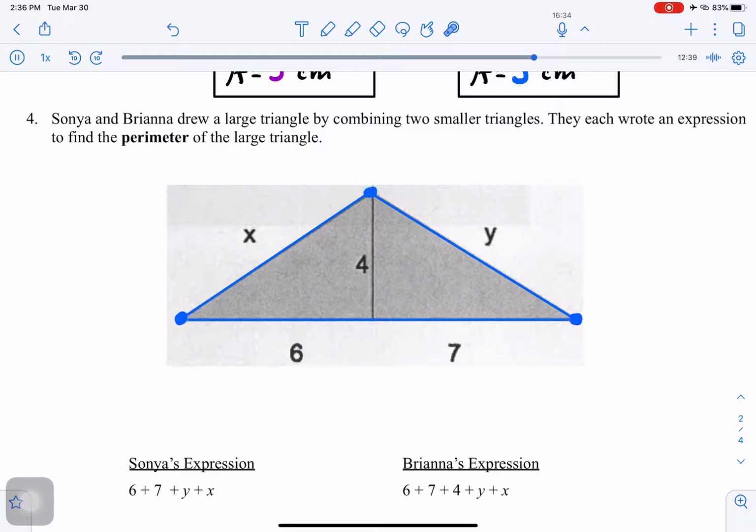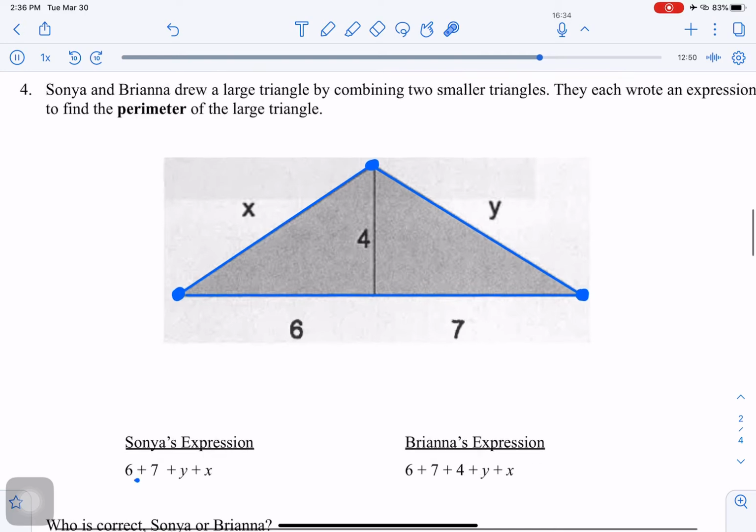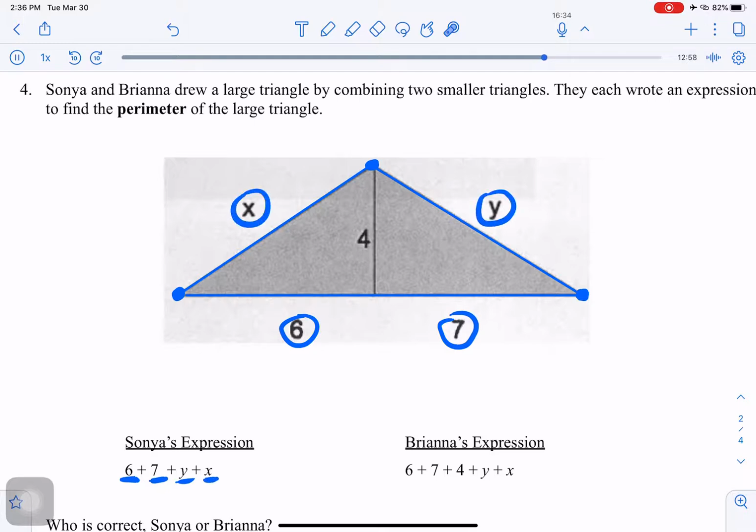So looking at the outside of the shape, I see that there are a total of 4 numbers or variables that we have to add here. And we're going to take a look and see what Sonia added. So it looks like Sonia added the number 6, 7, the letter Y, and the letter X, or the variables Y and X. Okay? So she added the 4 outside numbers. Let's see if Brianna did the same thing or she made any different decisions.